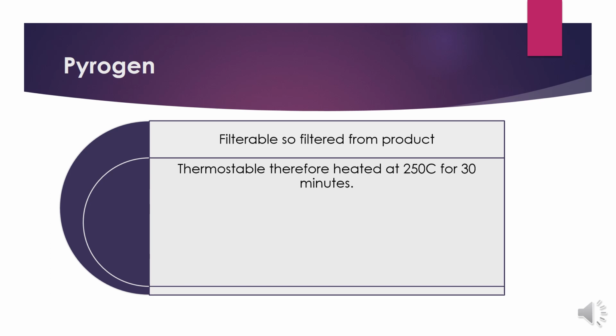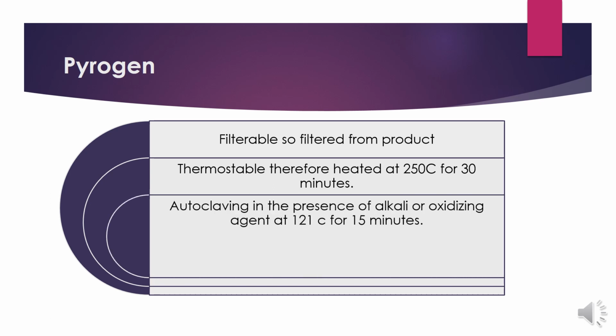As they are filterable in nature, they can be removed by filtration if the product is thermolabile, because even the normal temperatures for sterilization are not sufficient to remove pyrogen from the preparation. Even in autoclaving, if any product or apparatus is being autoclaved specifically for removal of pyrogens, then there is a need for an alkali or some sort of oxidizing agent.